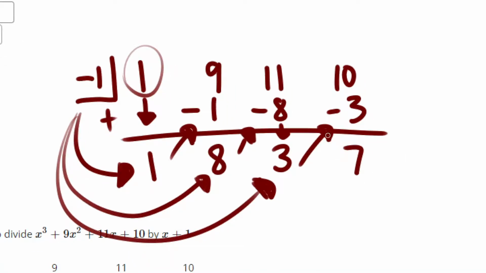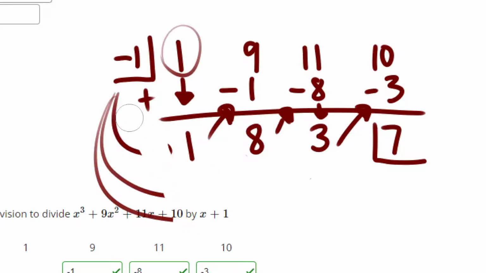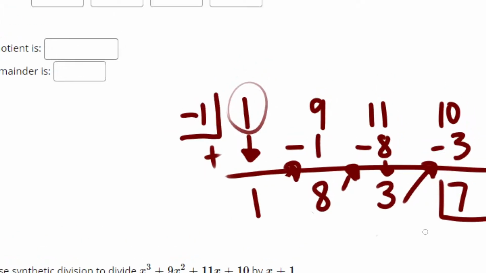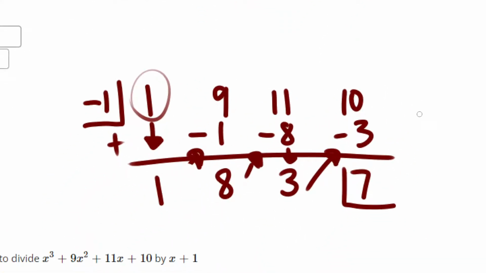And what I like to do, and it hasn't been taught this way in class, but I think it's helpful, is to just put a little box around this. This is your remainder. So now, with that being said, we have a bunch of weird numbers that don't really seem to mean anything. But actually, it's really useful because there are a few different ways that people like to handle it.